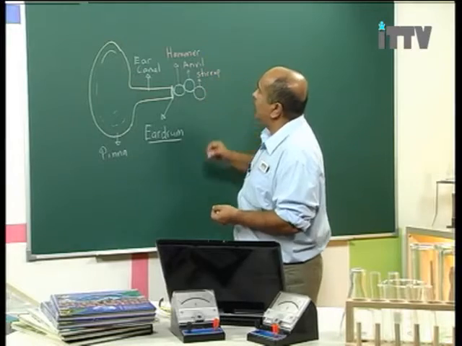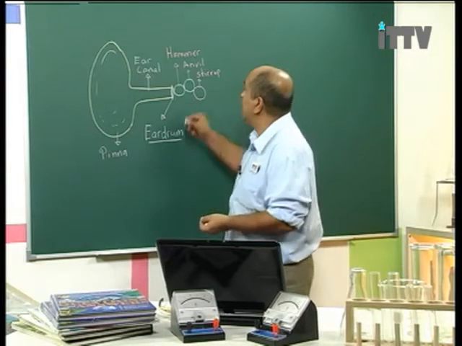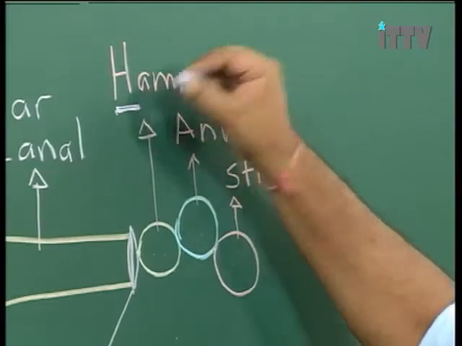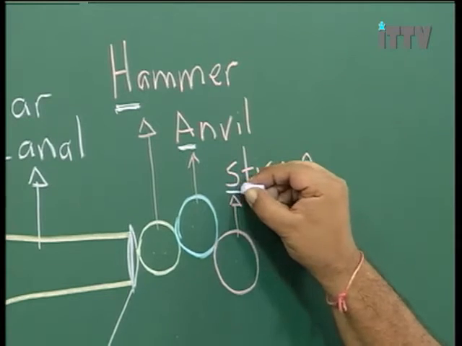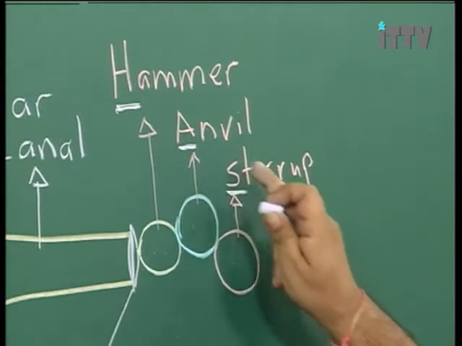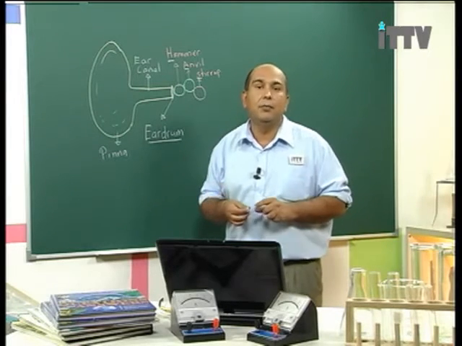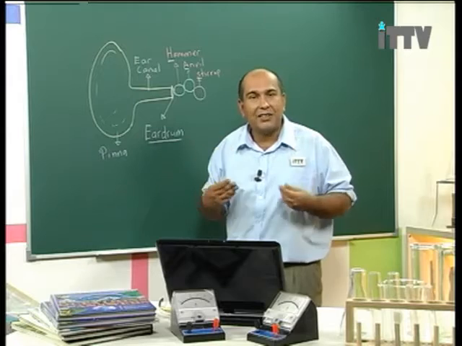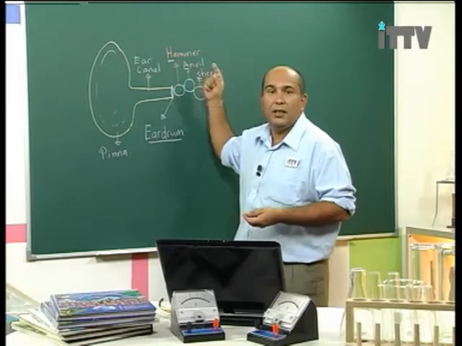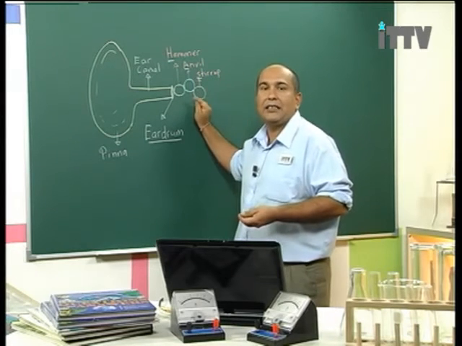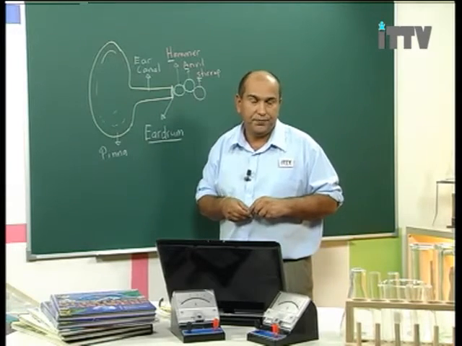Now it's a bit tricky to remember their names, but if you just remember the first letter of each one, you have H, then you have A, and then you have S. So to remember the sequence of the bones, just remember the HAS bones. If you remember the HAS bones, you'll remember HAS is H, hammer, A, anvil, S, stirrup. So those are your HAS bones.